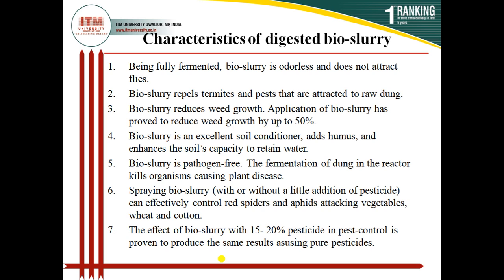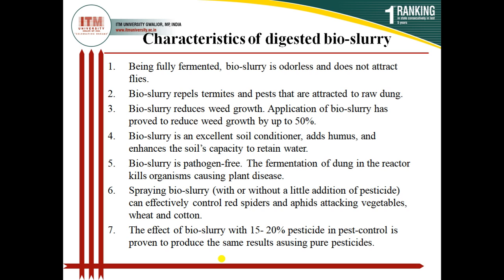So bioslurry is pathogen free. It is fermented dung in the reactor, which kills organisms causing plant disease. So when you apply this in your soil, the pathogens which can spread disease in your plant are not there.